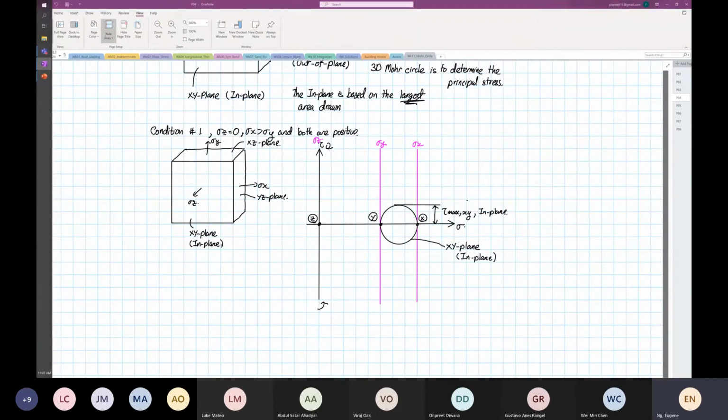Then the next circle I'm going to draw is YZ, okay? So we're going to draw on YZ. Okay, so this is the other circle. And this circle over here belongs to the YZ plane. Okay, so this one is our out of plane, right?